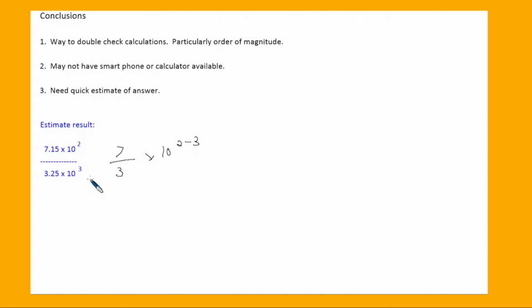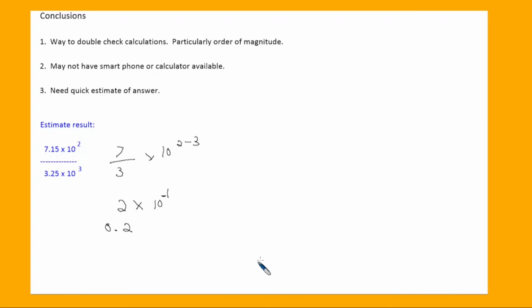Well, 3 is going to go into 7 at least twice. I don't have to do a detailed result, and this is going to be 10 to the minus 1. So that gives me an answer of 0.2. I just did that by a quick estimate and rounding off.